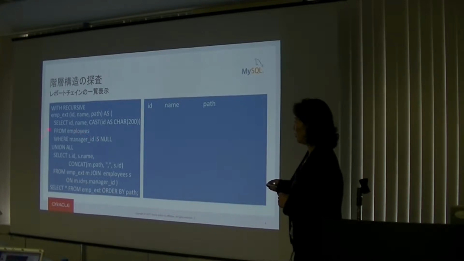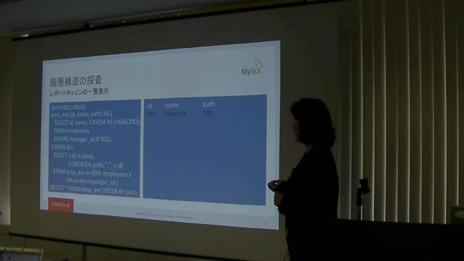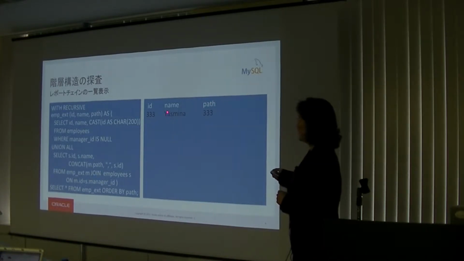Then we do the select ID, name, and path from employees, where manager ID is null. This part starts recursion, and it will produce Yasmina. You can look at this as the content of the temporary table. This produces Yasmina because the manager ID is null, and Yasmina has no manager. She's CEO of the company. So this is the first result in the temporary table.